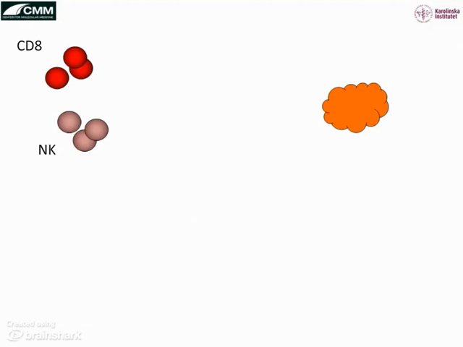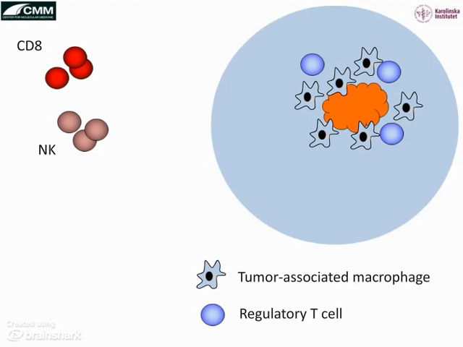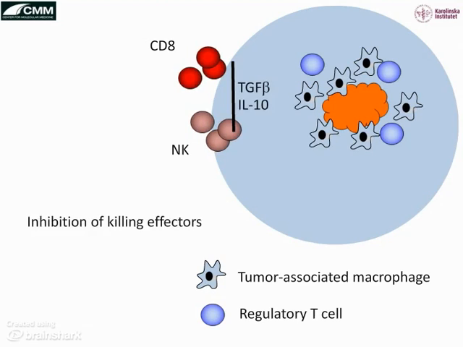In this next slide, we'll see an animation trying to depict how the tumor defends itself. The tumor mass is associated with other cells with immunosuppressive activity, regulatory T cells, tumor-associated macrophages, and myeloid-derived suppressor cells. This combined activity of these cells will enable a sort of force field around the tumor to be immunosuppressive activity.